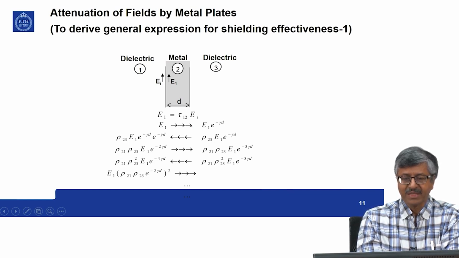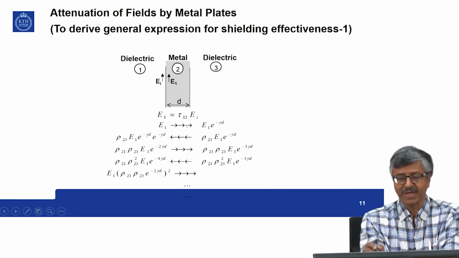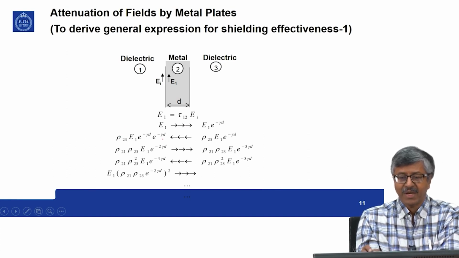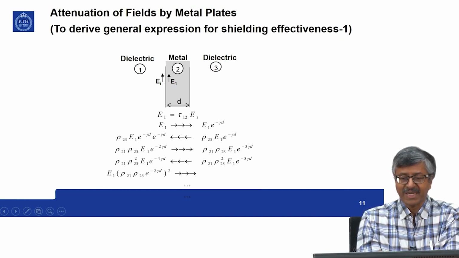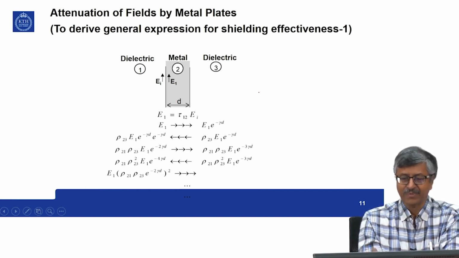After this, the wave will be reflected back, at least part of it. Part of it will go out and part of it will be reflected back. Let us look at what is getting reflected. Forget about what is going inside for now, that we will deal with in the end.